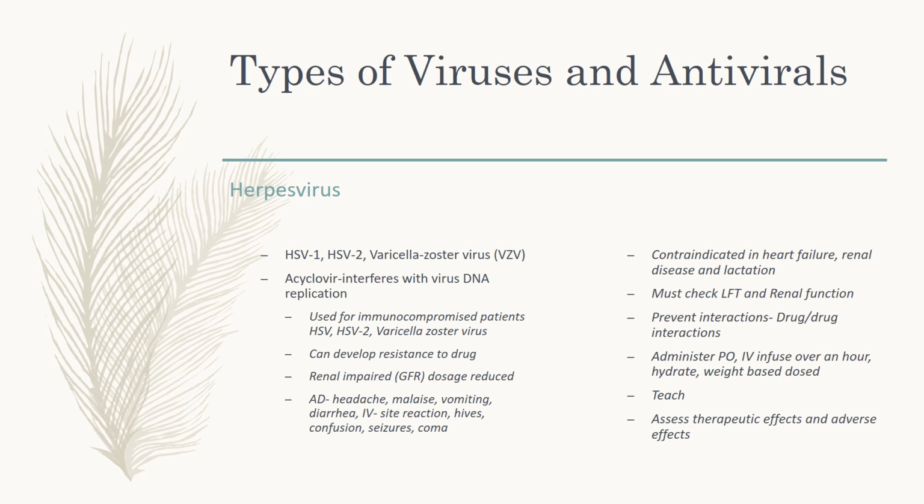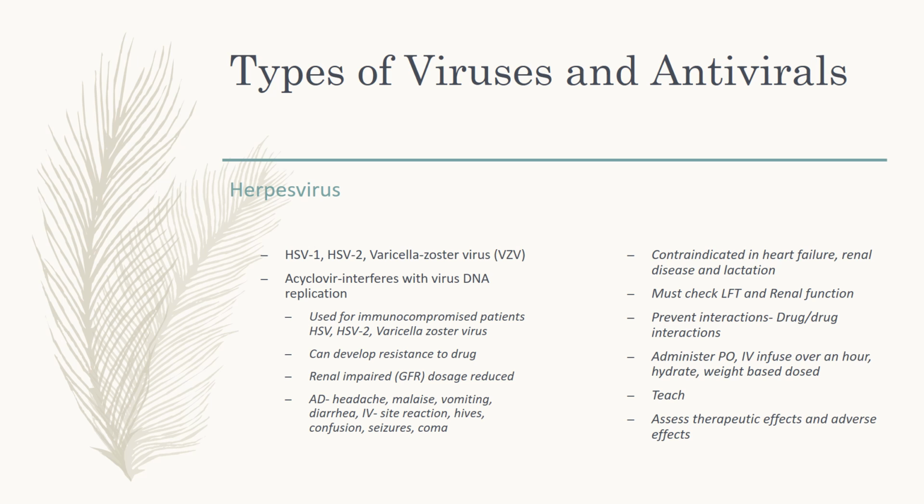And medicine used for that is the acyclovir. It interferes with the virus DNA replication, and it's used for immunocompromised patients and with the patients with our herpes viruses as well. And again, folks can develop a resistance to this, so try not to use unless we absolutely have to.